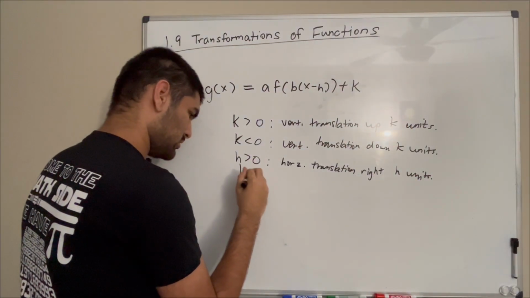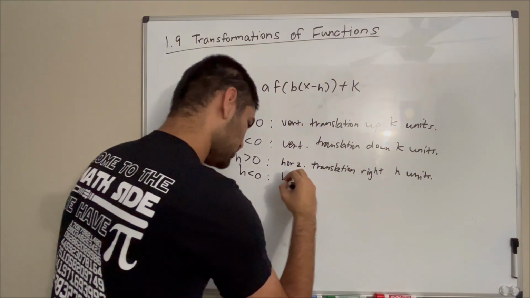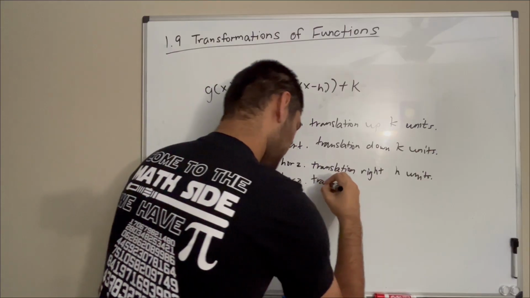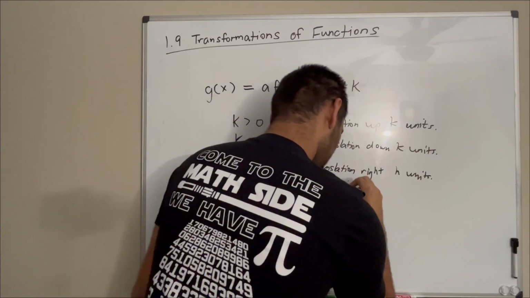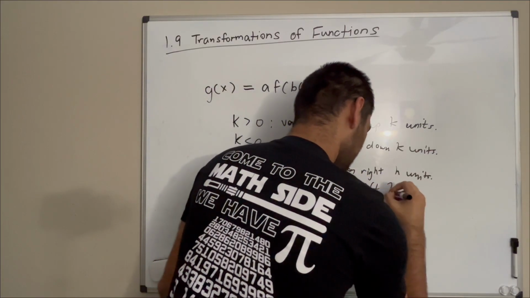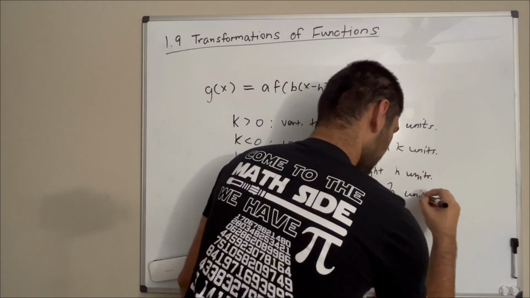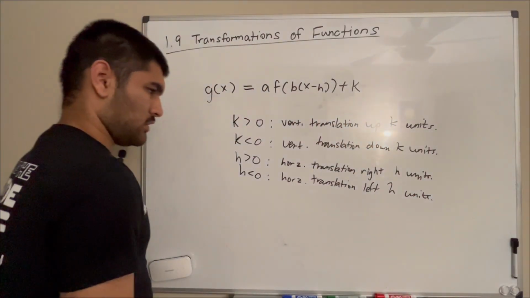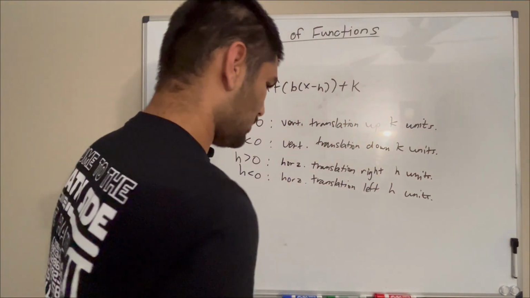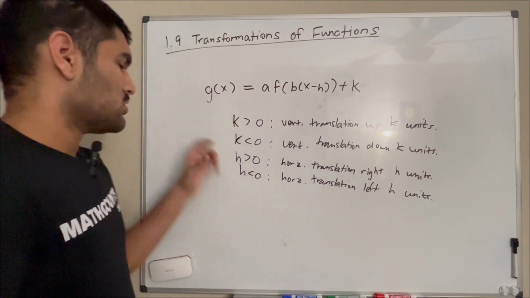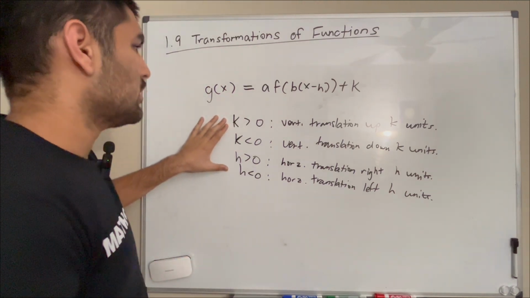And then when h is less than 0, you have a horizontal translation left h units. Okay, good. So those are all your translations.